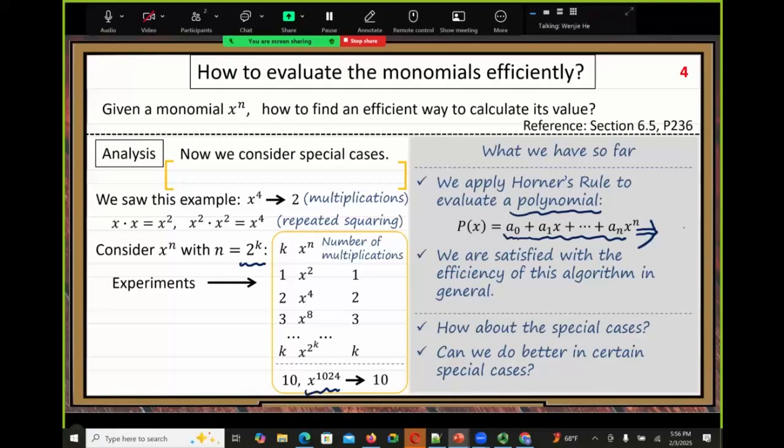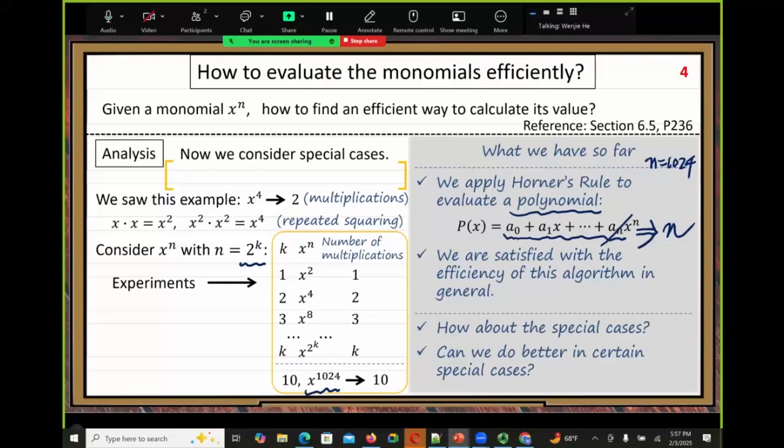N. Great. But this time our n is 1024. By Horner's rule it should be this n, but the good thing is that we do not need the coefficient multiplication, so we can save one multiplication.